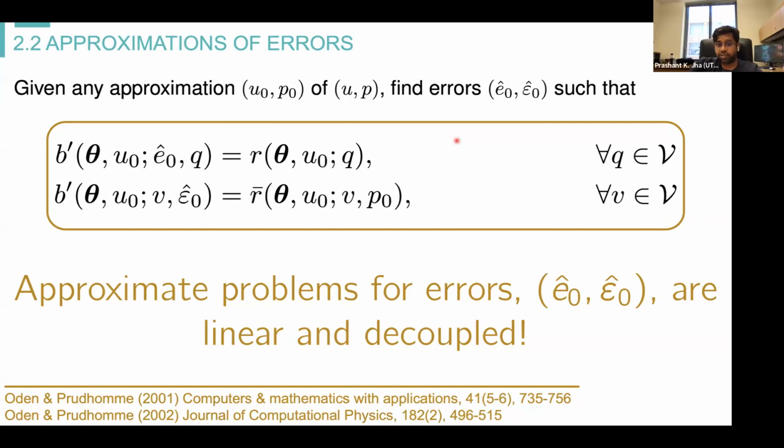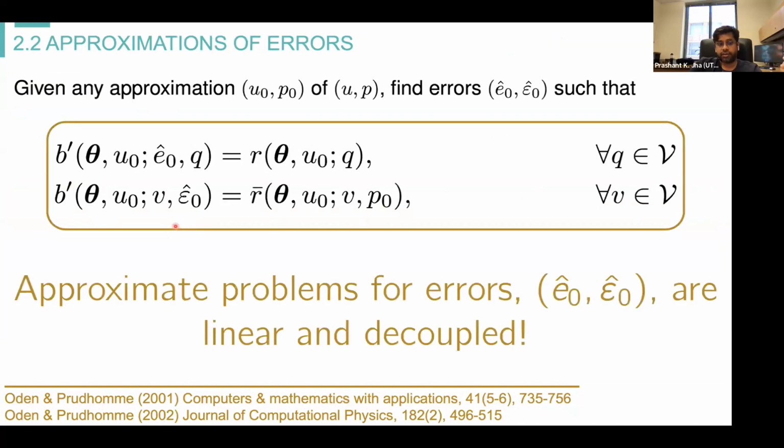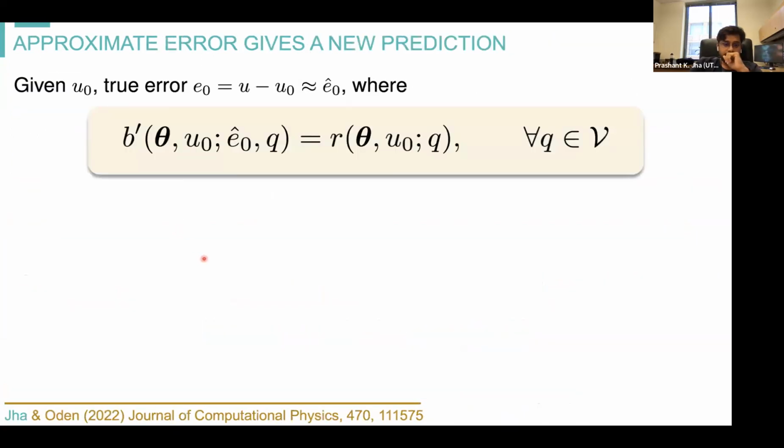Once you have those estimates, you can come back to one of these goal-oriented estimates and substitute epsilon 0 hat here to build a cheap estimate of this goal-oriented error. Now, in this work published last year, what we noticed, and it's not a big thing, is this.